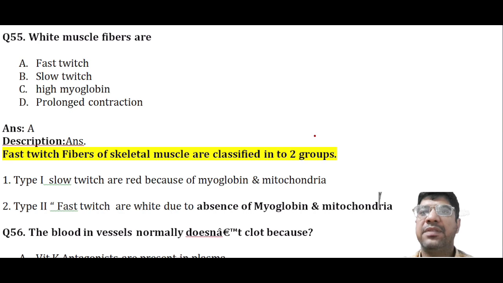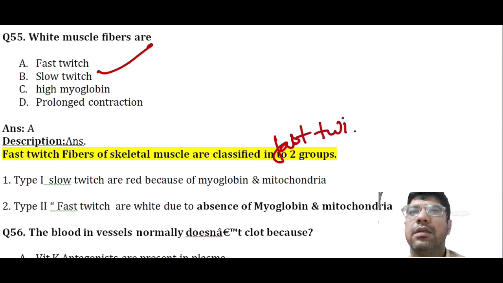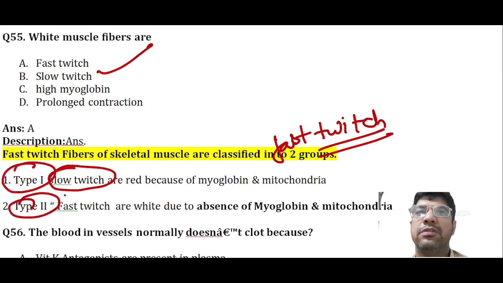The white muscle fibers are fast twitch. We have two types of fibers, type 1 and type 2. Type 1 are slow twitch, type 2 are fast twitch. So white muscles are fast twitch.